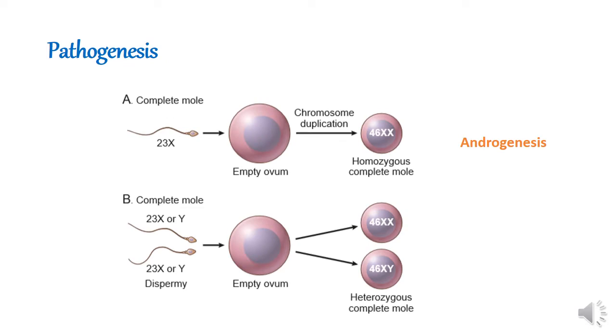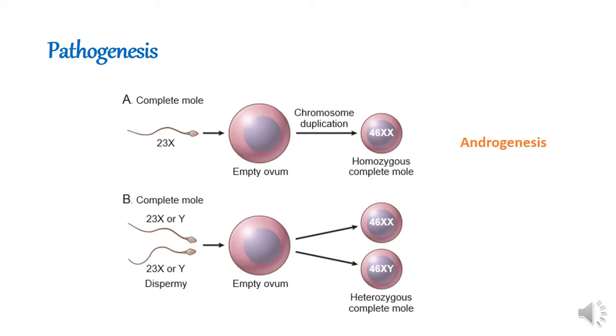Coming to the pathogenesis, the pathogenesis for the complete and the partial mole is different. Complete mole develops due to fertilization of an empty ovum by a single sperm or two sperms. If the empty ovum is fertilized by a single sperm, then there will be duplication of the chromosomes leading to formation of homozygous complete mole, which is diploid in nature.